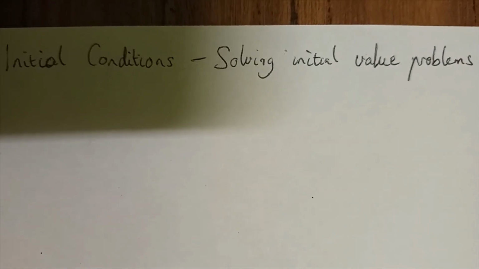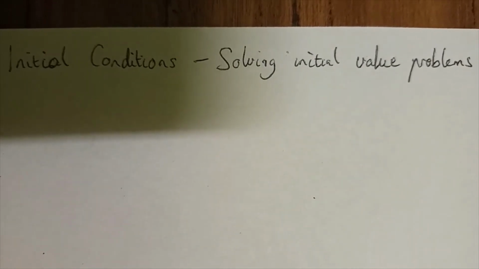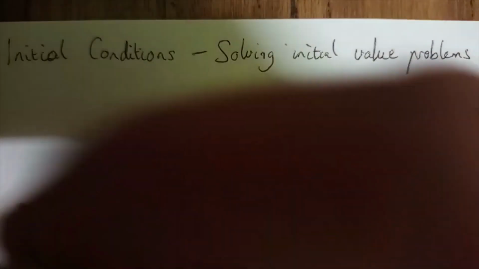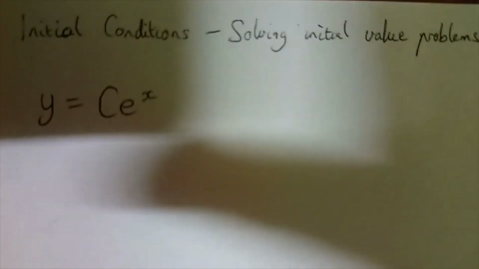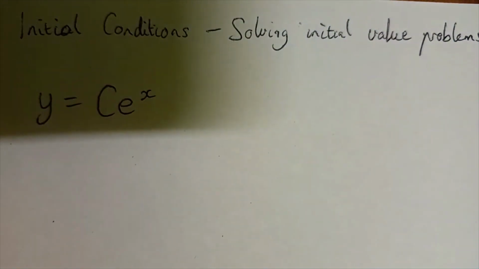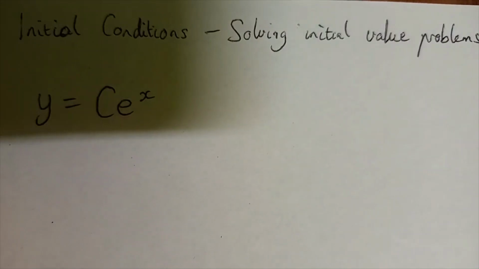So I've looked at differential equations already, but previously we've had some unknown constant in our solution. For example, we might have y equals c times e to the power x. So we've got some constant coefficient of this exponential function.